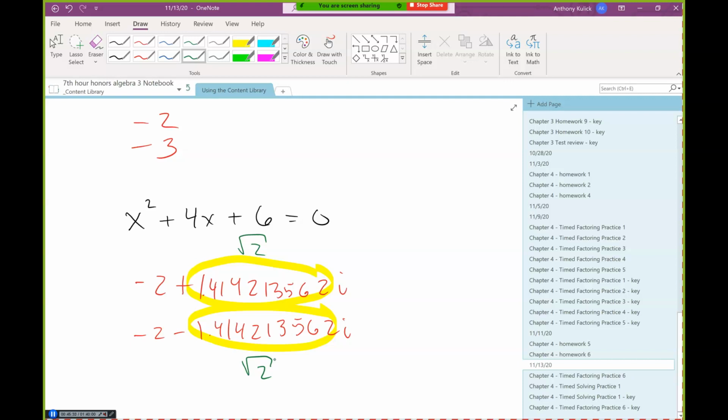Okay, everybody's good there? The last thing for today is a solving practice here that I just want you to use your calculator program that we just made to do. So we're really just double checking to make sure our program is working correctly.